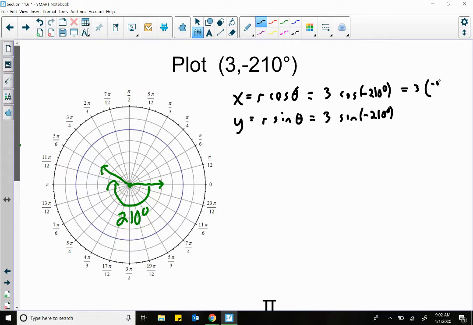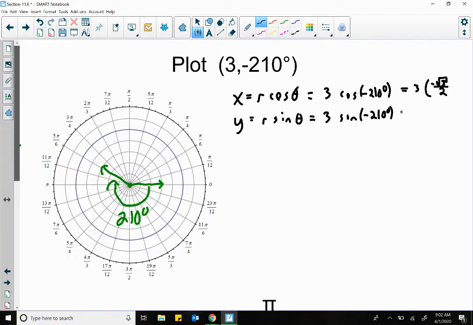Sorry, negative square root of 3 over 2. And the sine of 210 would be, sorry, just looking over my chart, 1/2.